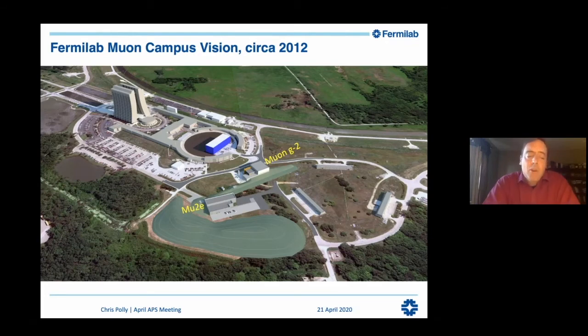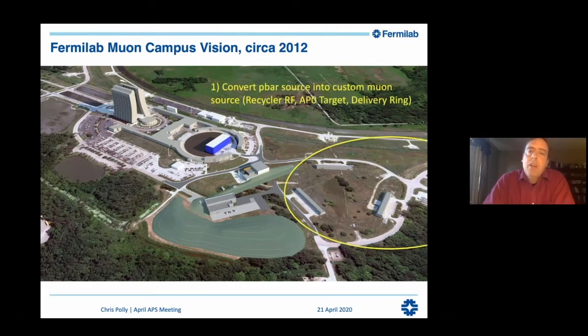So this idea emerged to build a Muon Campus at Fermilab that would allow us to make the world's most powerful customized beams needed for experiments like next generation Muon G-2 or next generation muon conversion experiments like Mu2e. To do that, quite a bit of the accelerator complex had to be reconfigured.